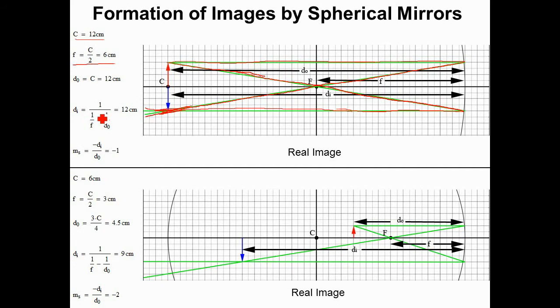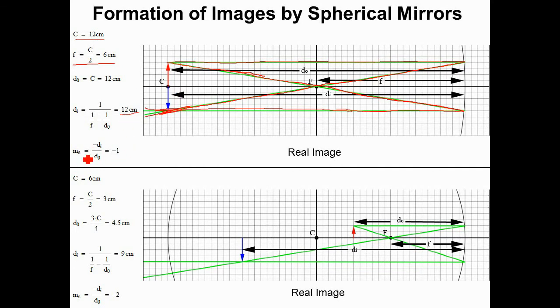And when I put this into my formula to calculate for the image distance, that's just the reciprocal of the reciprocal of the focal point, 1 over f, minus the reciprocal of the object distance. When I calculate that out, I get that it's 12 centimeters, which is what I expect.